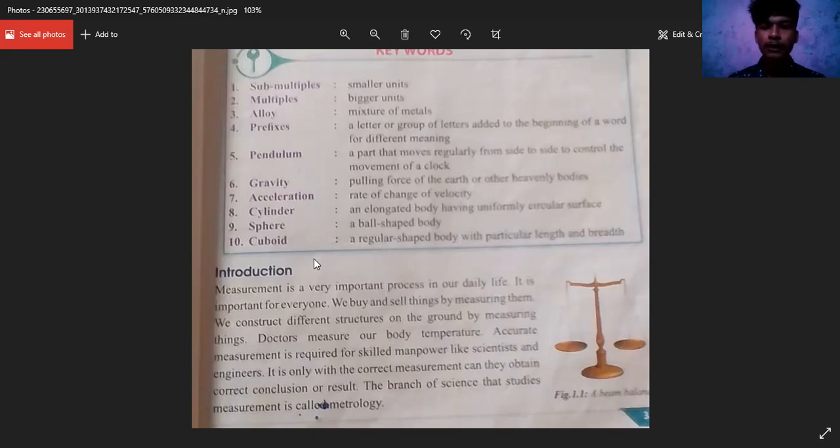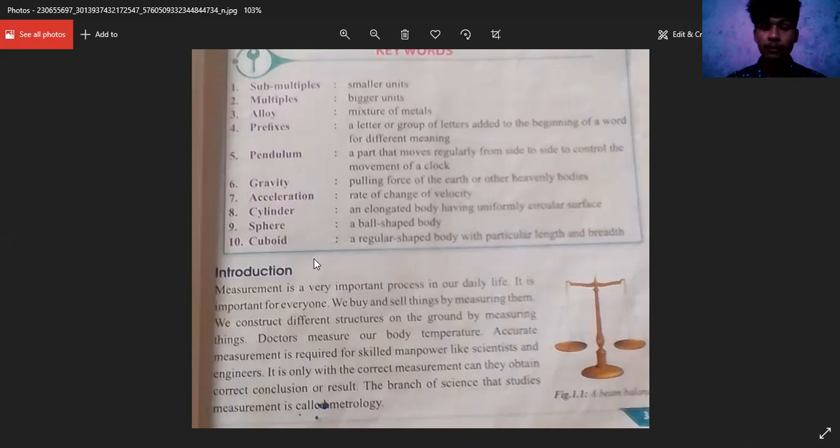If only lead was used, it would not have been possible to write on the copy. It would not have written the words which you are writing. But due to measurement, they mix different kinds of things and make that pencil lead which is used to write.